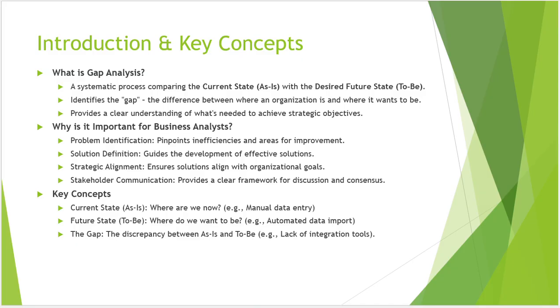Then strategic alignment ensures the solution aligns with organizational goals, objectives and the problem we are going to solve. That should be kept in mind while drawing up the document.